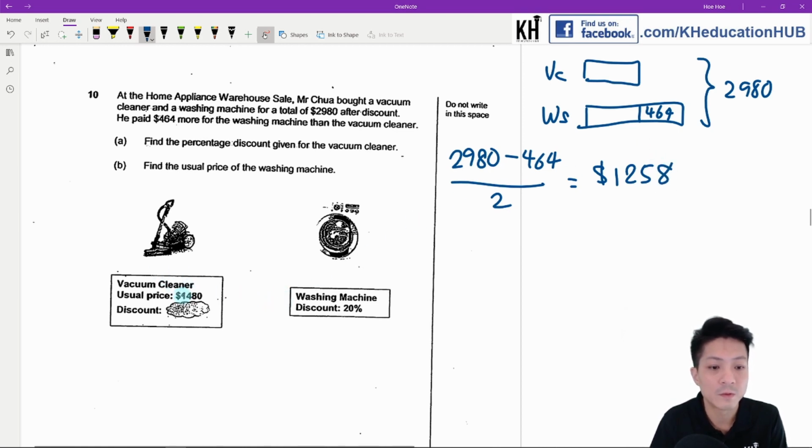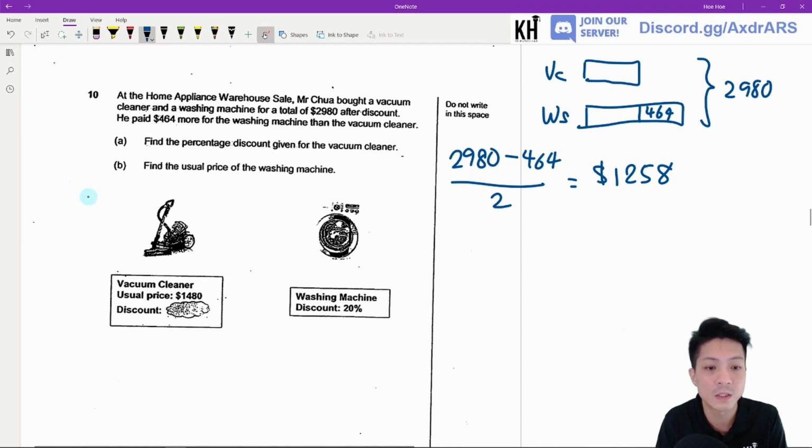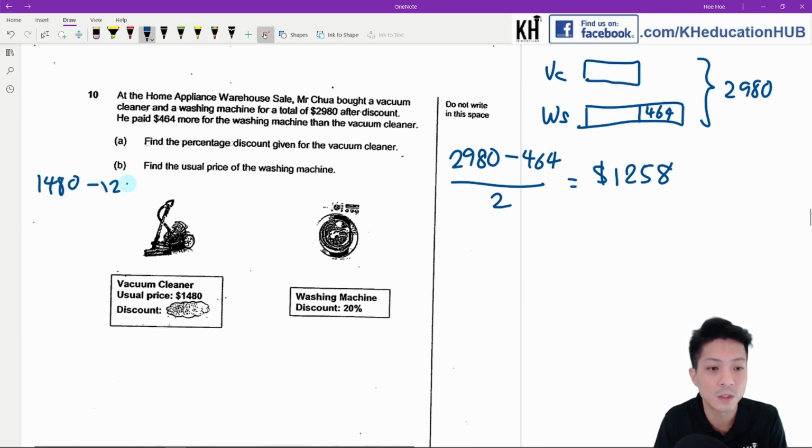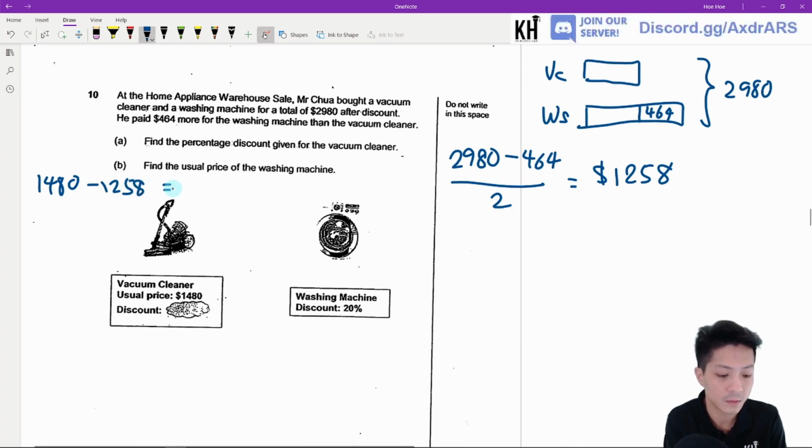Okay, if you look at the chart over here, the usual price is 1,480. So for part A, to find the percentage discount, we need to find the amount discounted, which is 1480 minus 1258. It's 222.